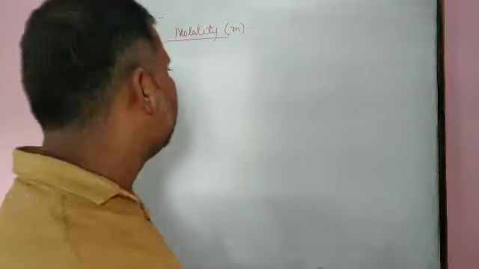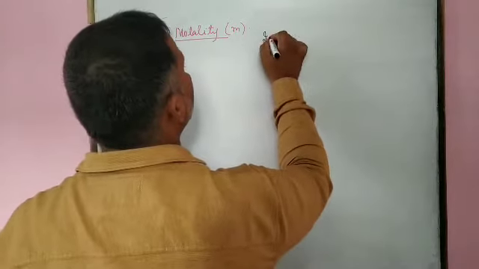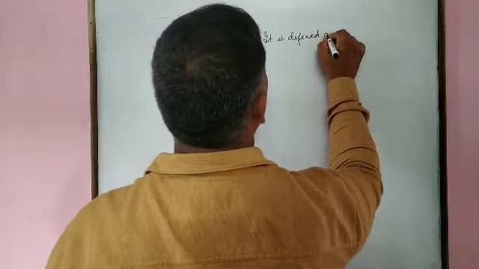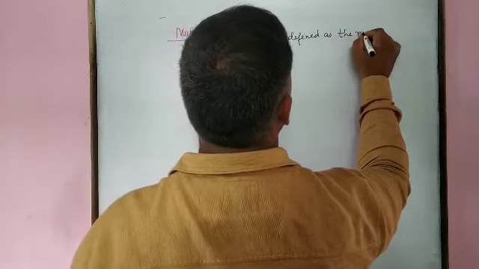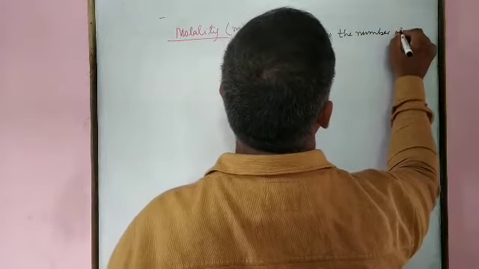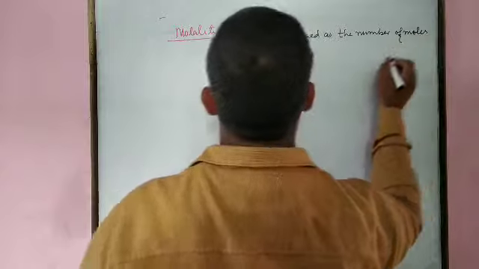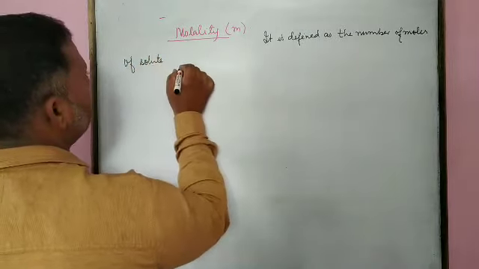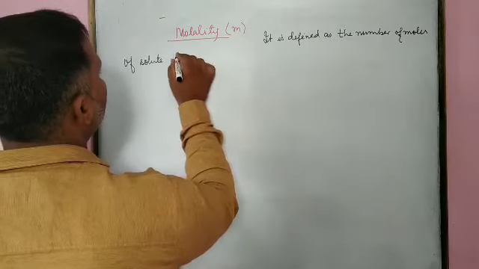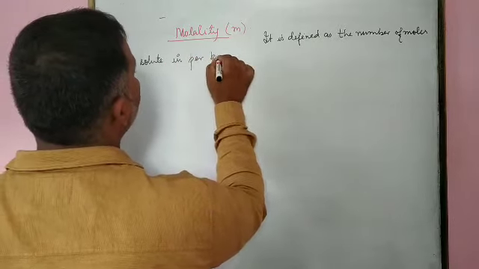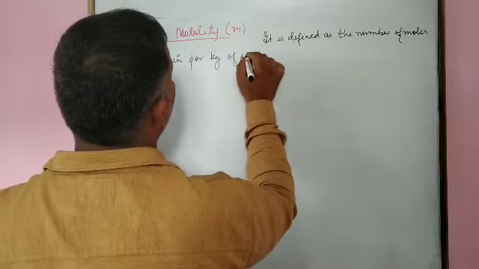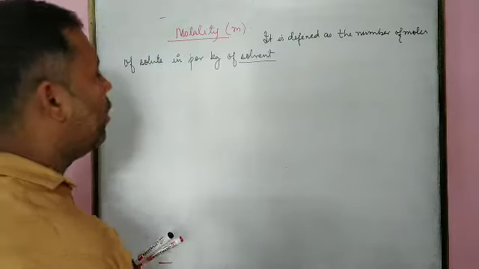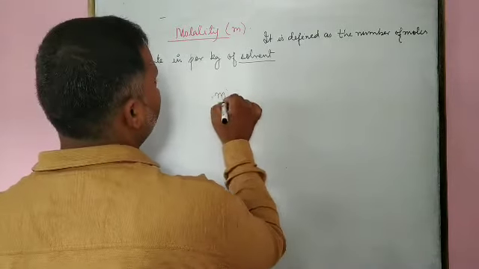It means it is defined as the number of moles of solute per kg of solvent. I have written here solvent, not the solution. How are we going to represent it?